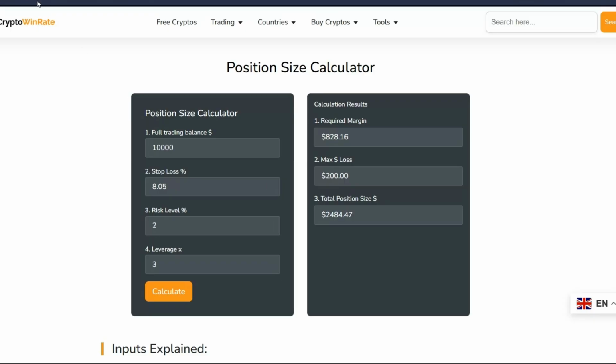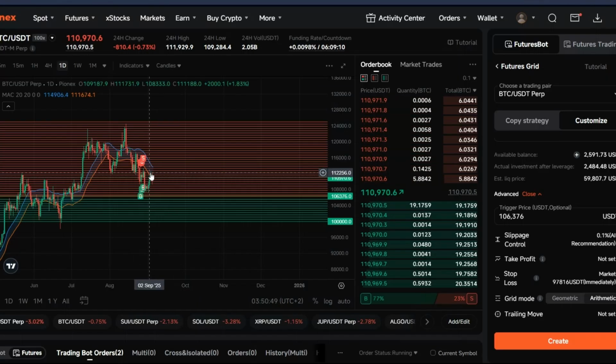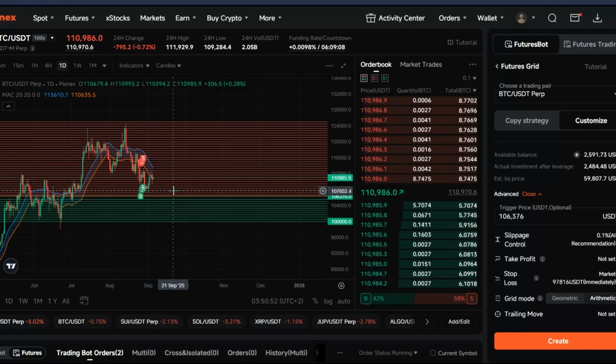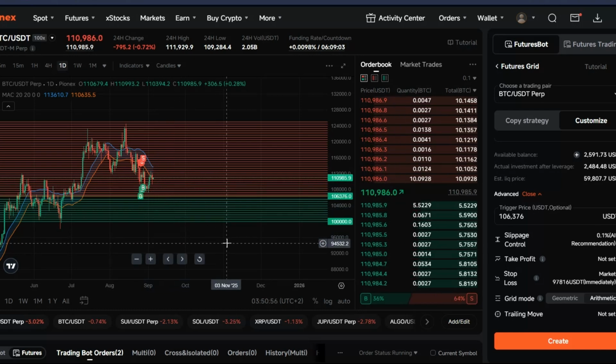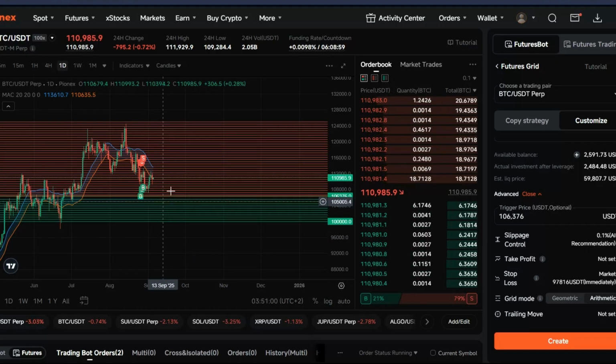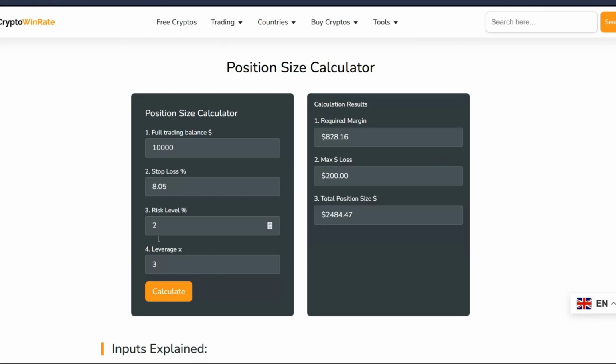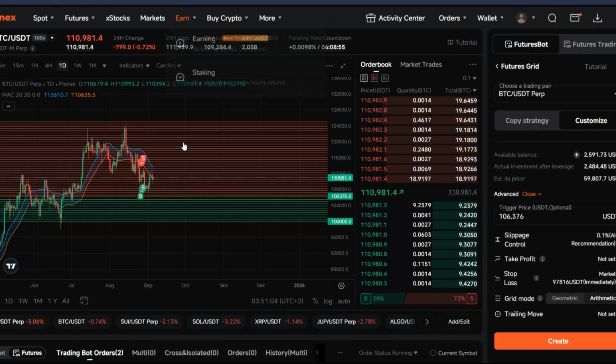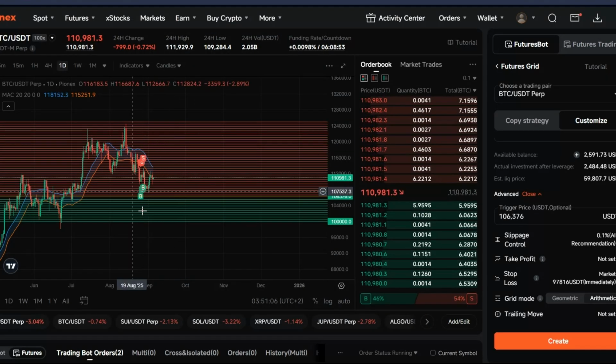Or even if the price does this and this and this, and finally my stop loss gets triggered, probably my grid profit will be higher than my loss, and I will exit the bot. The bot will automatically close in a profit.